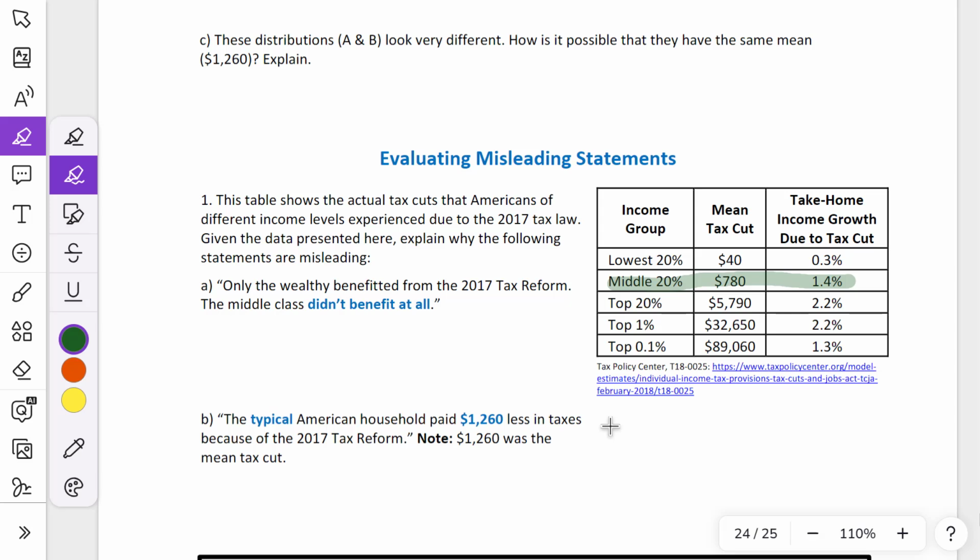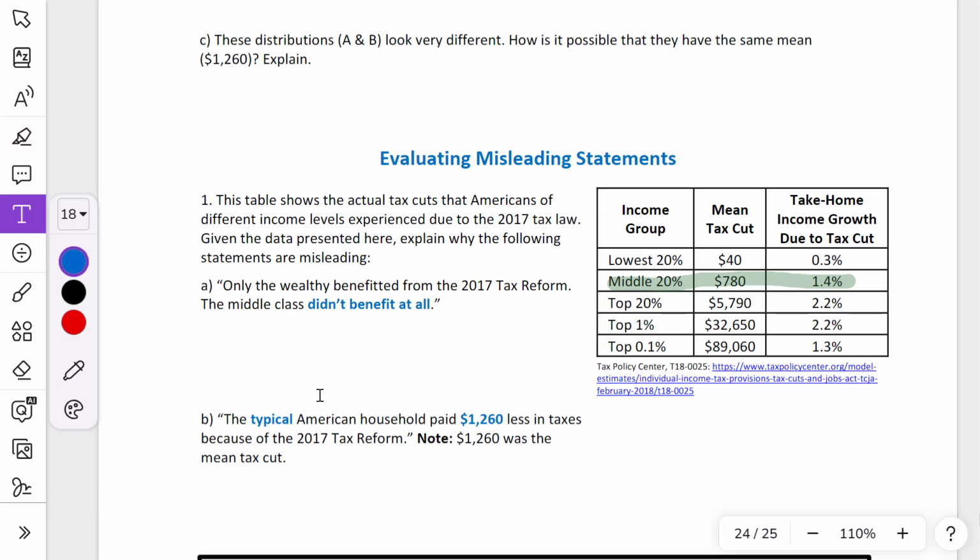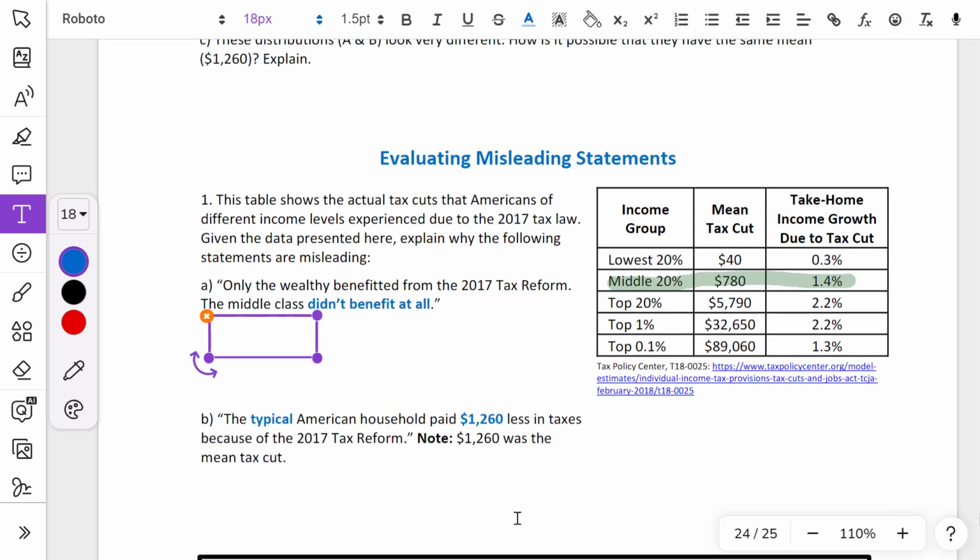And did they really not benefit? Well, I don't know about you, but if somebody gave me $780 back, I would not be complaining. That's a car payment, right? And not a bad car payment. Well, it's a decent car payment, I should say.